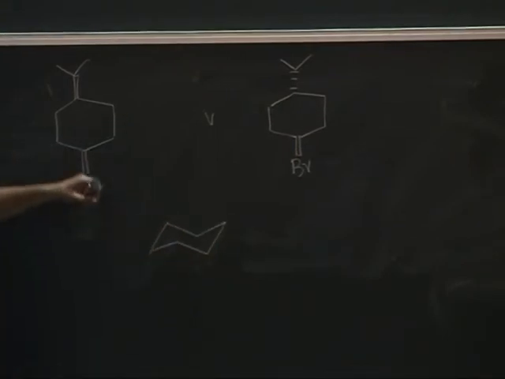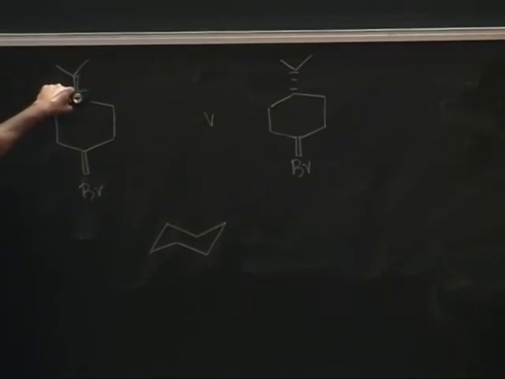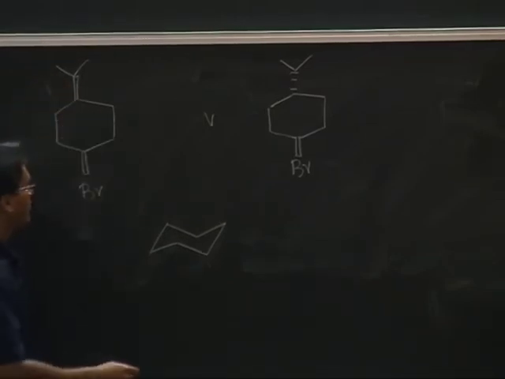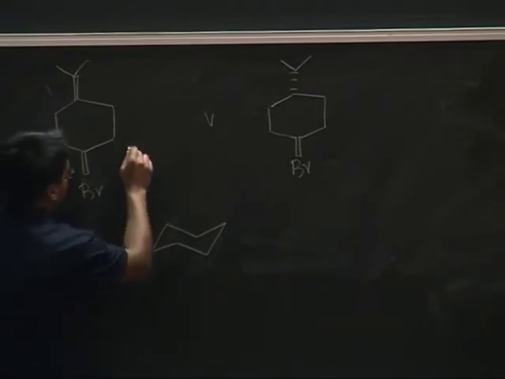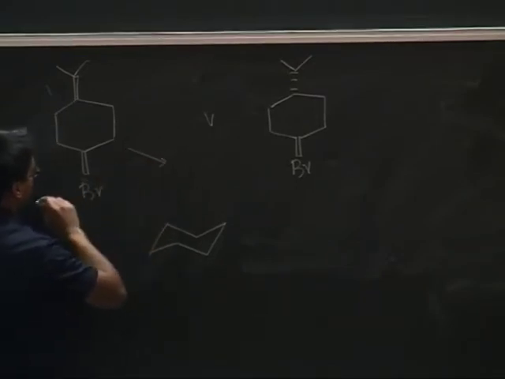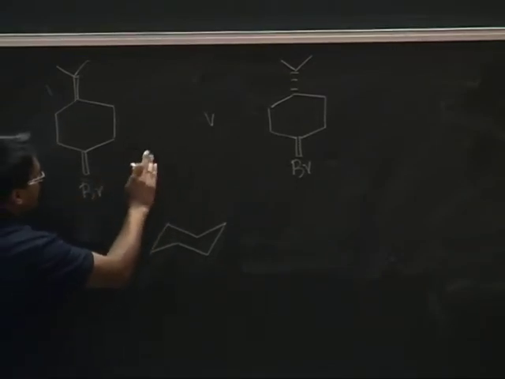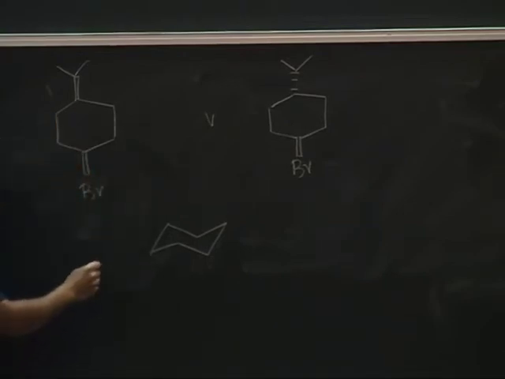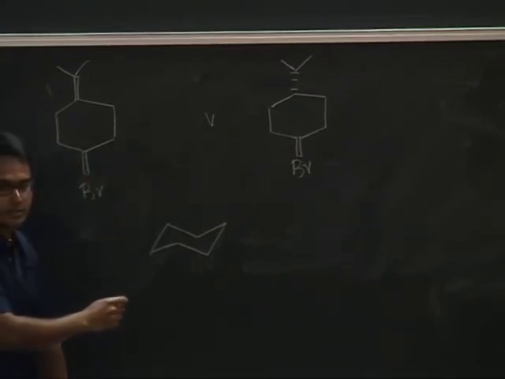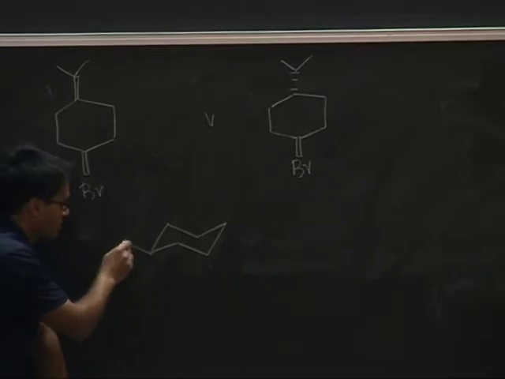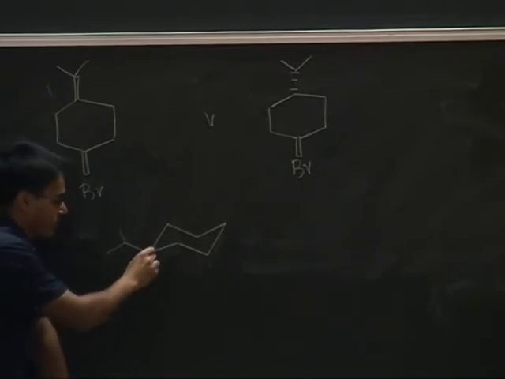Now, how would you put the isopropyl? That's the group that will decide how this thing ends up. Say you want this, and you want both of them to go to the... Right. Let's see. How would you put the isopropyl? Equatorial or axial? Is it pointing up? Is it pointing down?